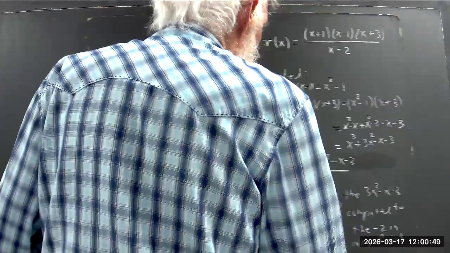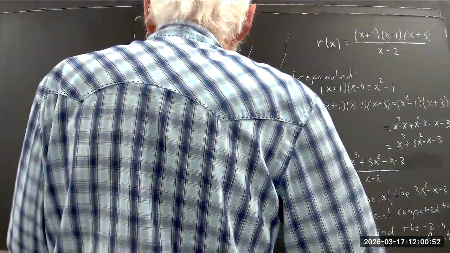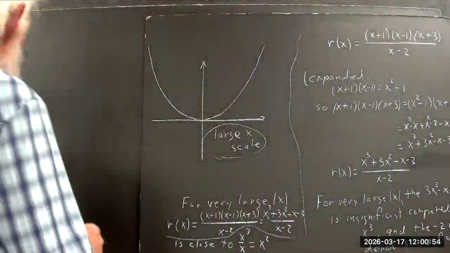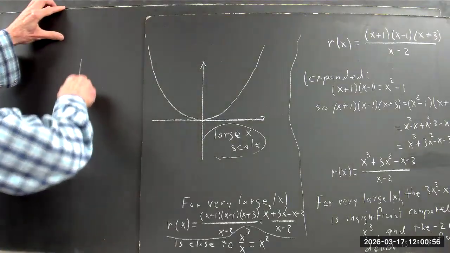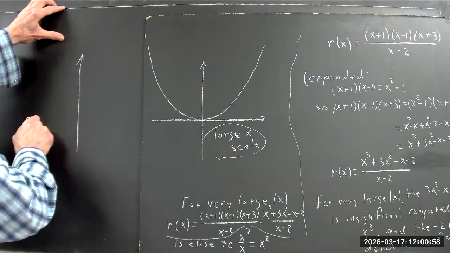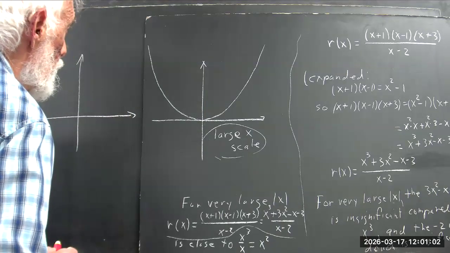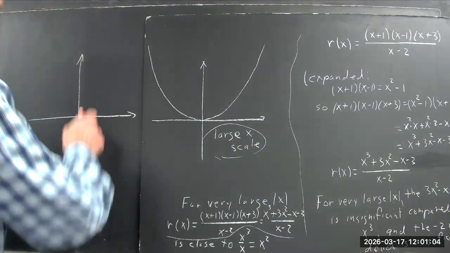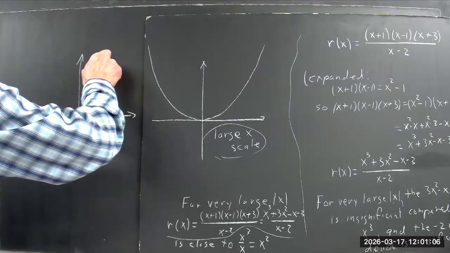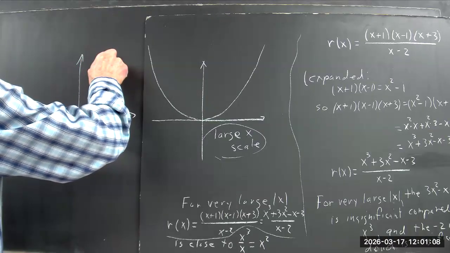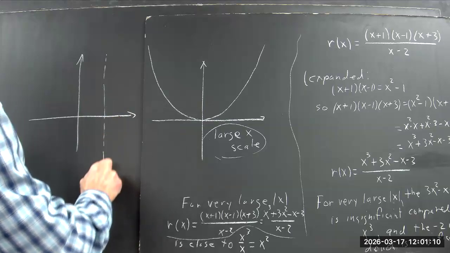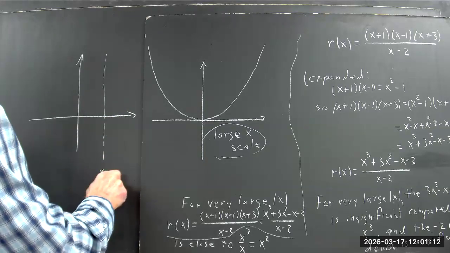If we want to go to the small x scale, we could put x equals 2. Let's put it about here.